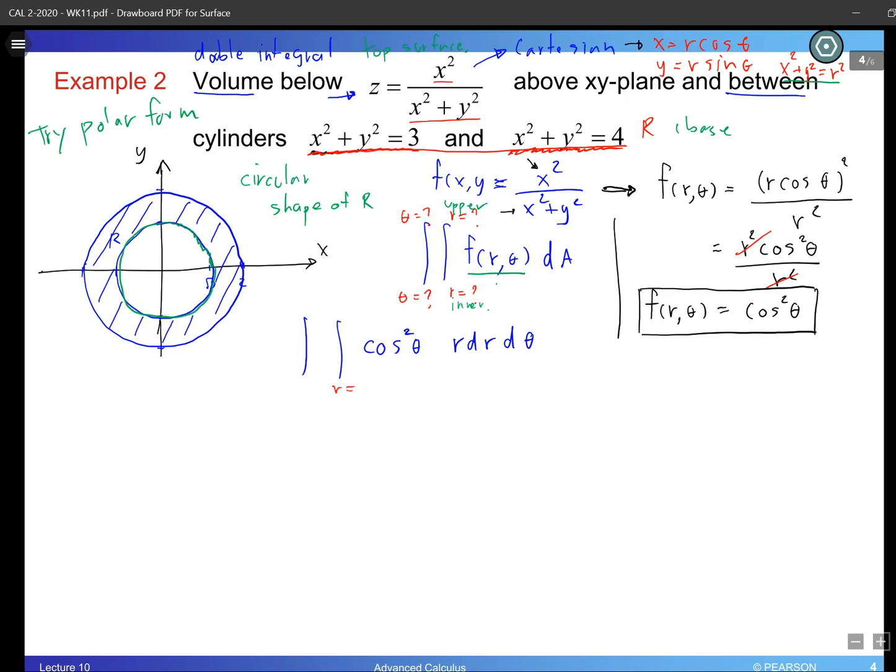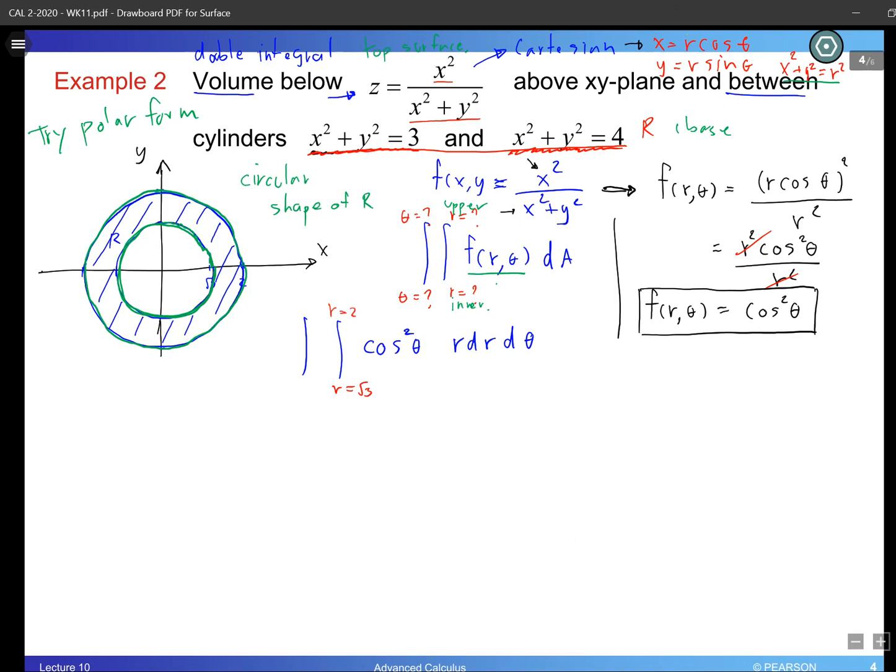Okay, right here, and as you can see, this radius is square root of 3, and it's constant all the way through, right? Inner radius constant, square root of 3. So we can put this square root of 3 right here. What about outer radius? Of course, it has to be this, starting from right here. Okay, constant of 2 all the way, and comes back to the original point. So this is a constant radius of 2.